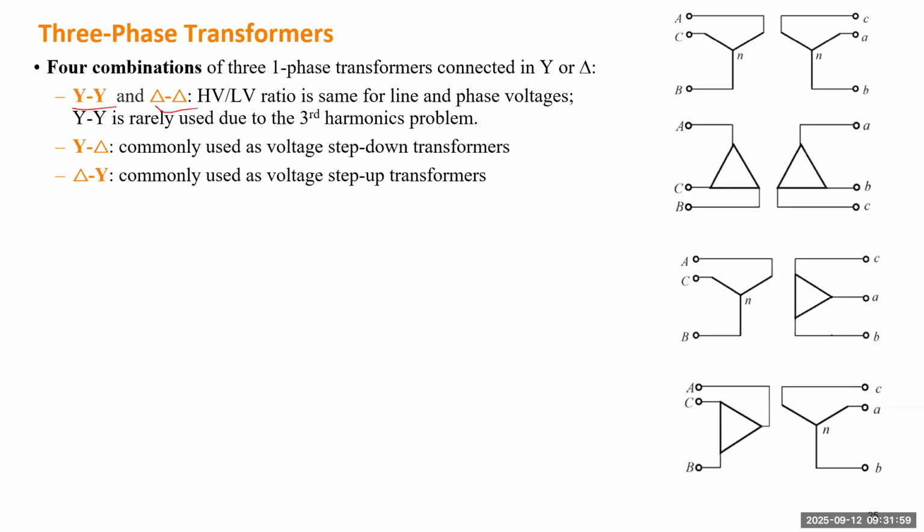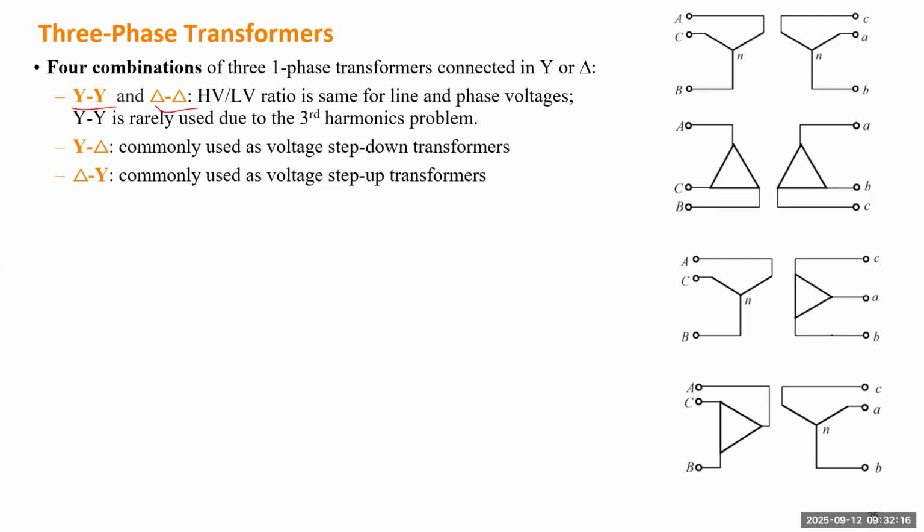So you either take both line voltages or both phase voltages to calculate the ratio, and the ratio on each phase is exactly the same as for any other phase.